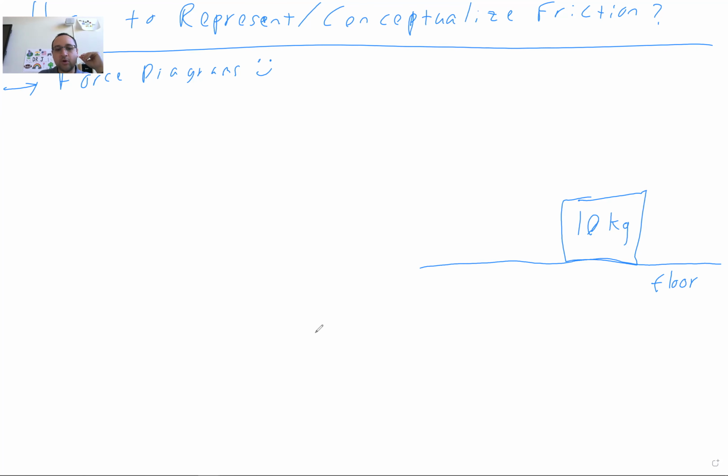So let's diagram what's going on with this box. Okay, so the weight of the box is equal to the mass of the box times gravitational acceleration, right? So weight is a force. Mass we know. G is gravitational acceleration.